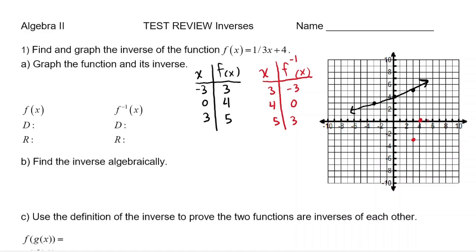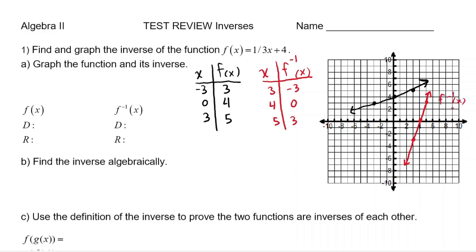And we would get 5, 3. And then we would graph that. Now, what's happening with the inverse function, so my black line is f of x and my red line is f inverse x.